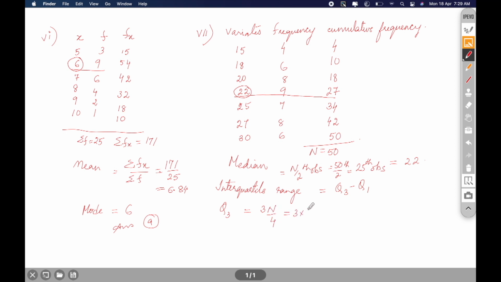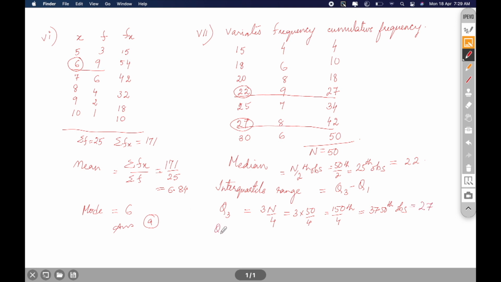So 3 into 50 by 4 gives us 150 by 4th observation, that is 37.50 observation. Now 37.50 is not there in the cumulative frequency column. The next value is 42. So we have Q3 as 27.